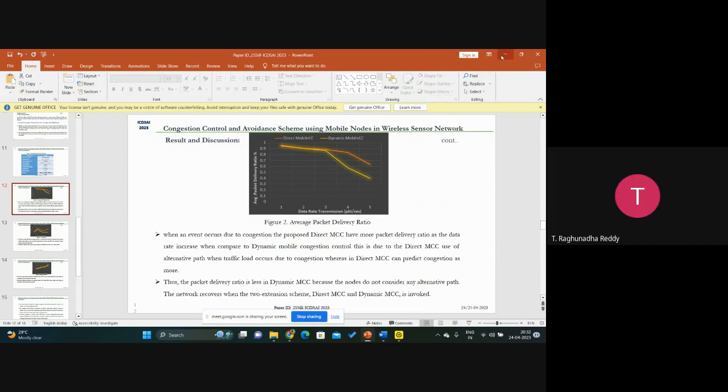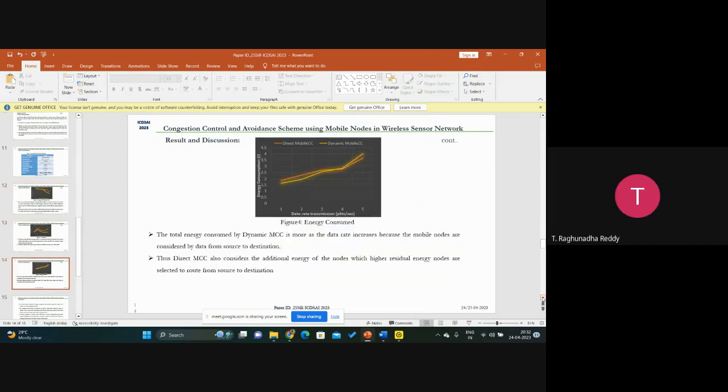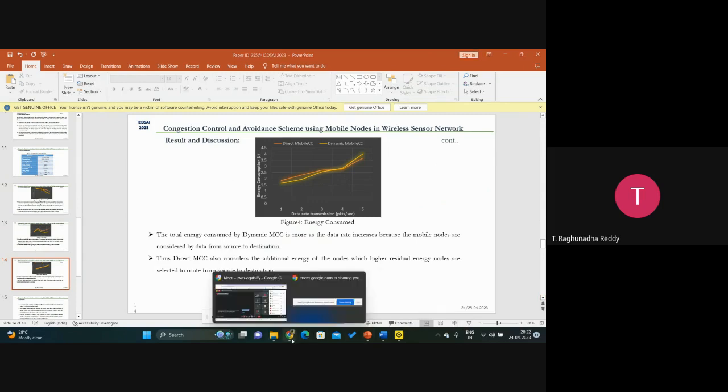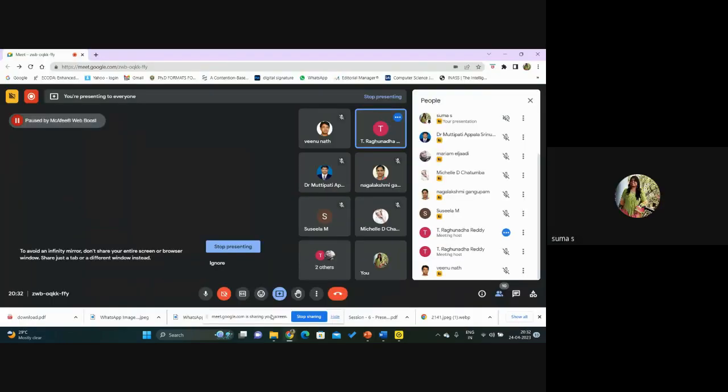Where did you implement all this environment? In NS2, sir. NS2 tool? Yes, sir. Okay. Under what conditions did you execute this? Whenever congestion occurs. If there is no congestion and the nodes are within range, then obviously the network goes smoothly, sir.